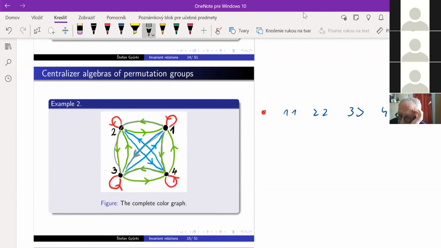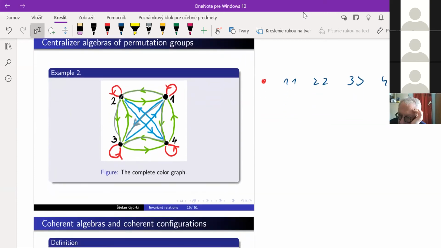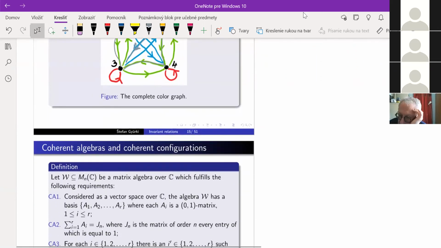So I can tell the structure constants from this picture, because it is quite small and I can easily track all the walks of length 2.